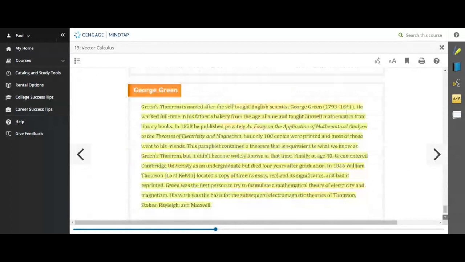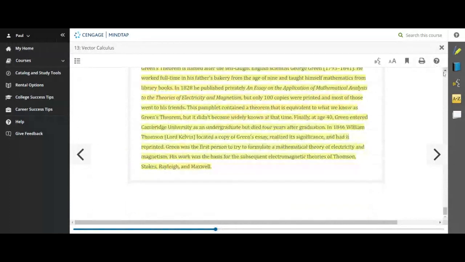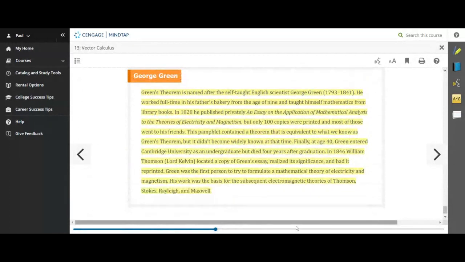There's the biographical note, by the way, on Green. Let me see here. So, okay, I want to be careful how I phrase it.